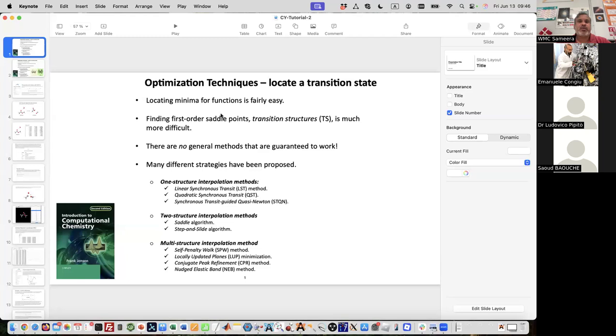Right. Okay. So let's talk about transition state optimizations. Locating a minimum, which you did yesterday, is relatively easy. You can start from a given structure and use any optimization algorithm to minimize.